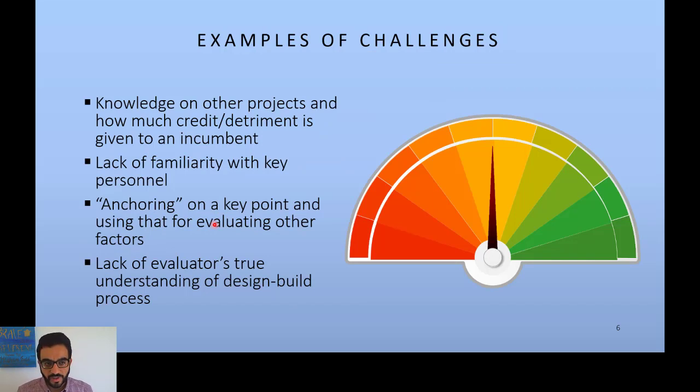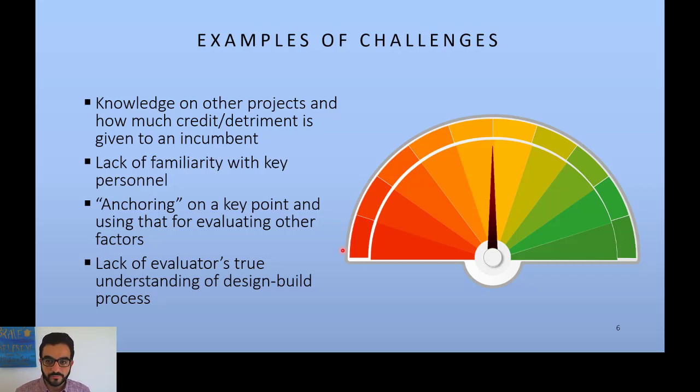Other examples of challenges: maybe the evaluators are not knowledgeable about this specific type of project or about the design build process itself, and they lack familiarity with the key personnel in the design build team.